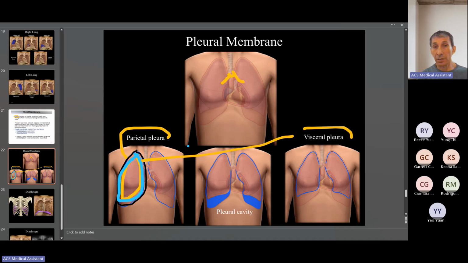Because remember, these lungs, we are using them just like the heart is beating at least 60 to 100 beats per minute. Every single second we have a beat contracting. Can you imagine the lungs are doing the same? We are breathing in and out. Every single minute we have between 12 to 20 breaths per minute. Whether we are sleeping or doing something, well, if you're doing an activity, you are breathing faster.